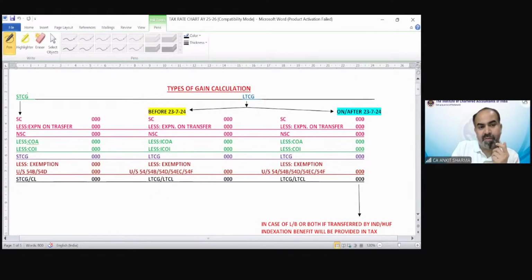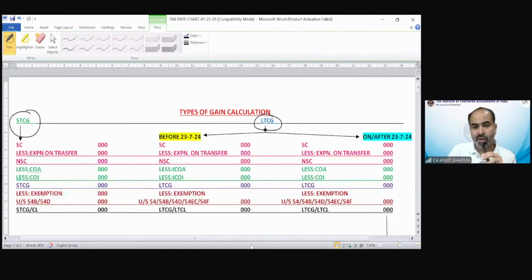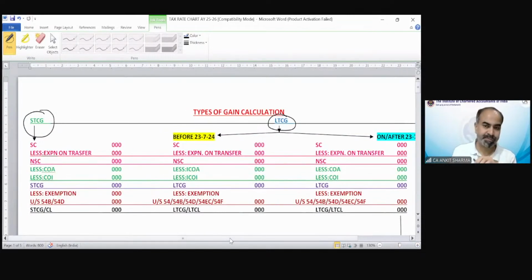Either there would be a short-term capital gain or a long-term capital gain. Short-term capital gain does not have any change in calculation; the calculation is the same for the whole year. The change is in long-term capital gain: before 23rd of July, a separate calculation, and on or after 23rd of July, a separate provision.